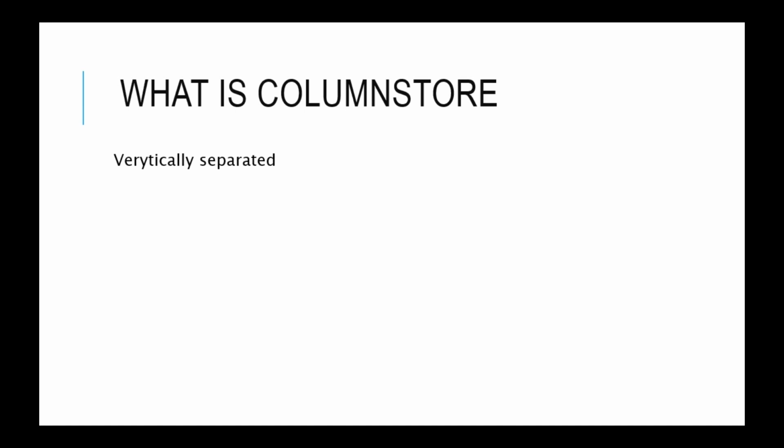But what are actually the column store indexes? The column store indexes are the type of indexes which is very well suited for the massive data processing. I will use the overloaded term big data just because I can. So the column store indexes, they are vertically separated. They are internally grouped into the segments and the row groups of around 1 million rows at a time, and they're extremely compressed.